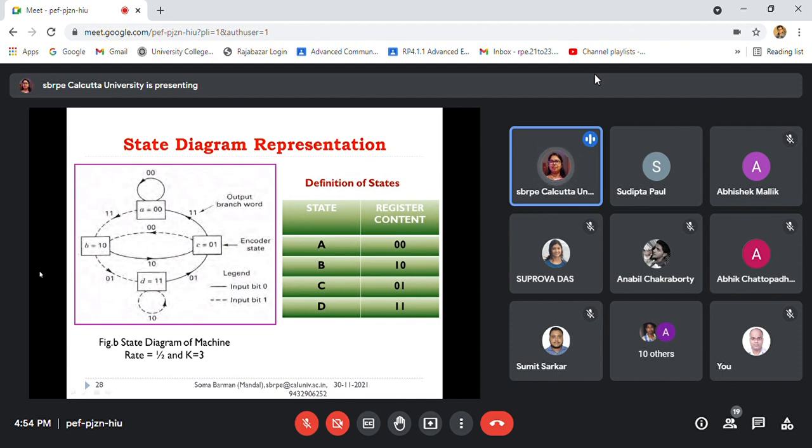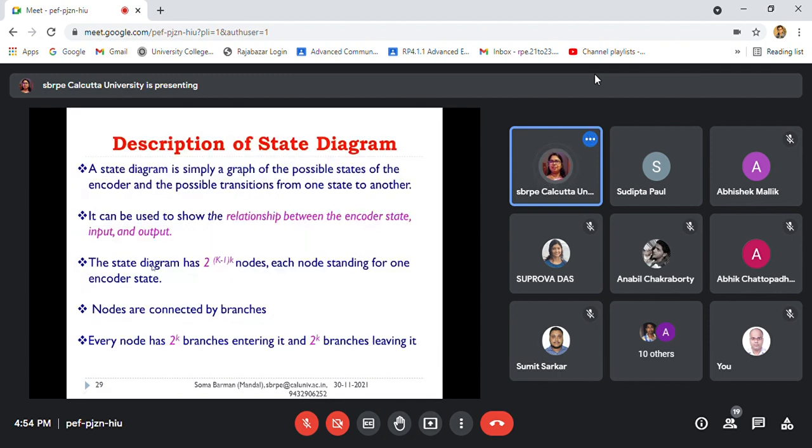These 4 nodes are nothing but the states A, B, C and D. Each node stands for one encoder state. Clear?